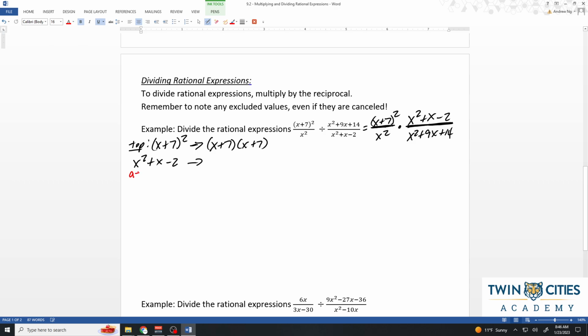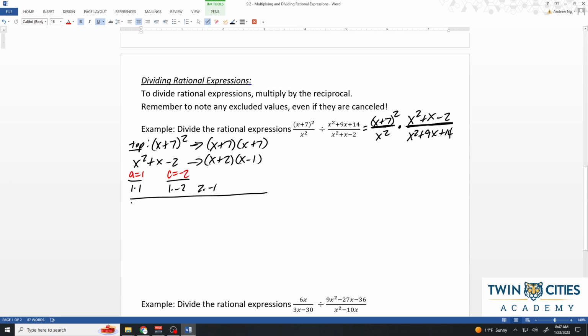A equals 1, c equals negative 2. So I've got 1 times 1 here, 1 times negative 2, and 2 times negative 1. So trying to find a positive 1x, that's going to be the 2 times negative 1, because 2 plus negative 1 will make positive 1. So this will factor to x here, and 2 negative 1, so plus 2 minus 1.